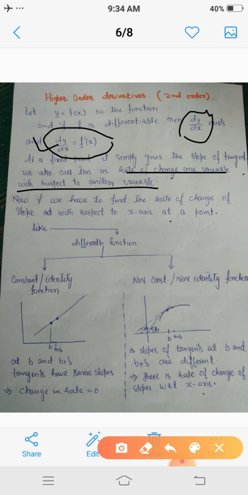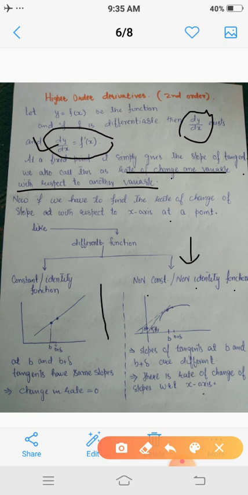Usually for differentiable functions we have two classes. One is the class of constant or identity functions, those functions whose graph is straight. The second class is non-constant, non-identity functions whose graph is not straight, simply the curved graphs.